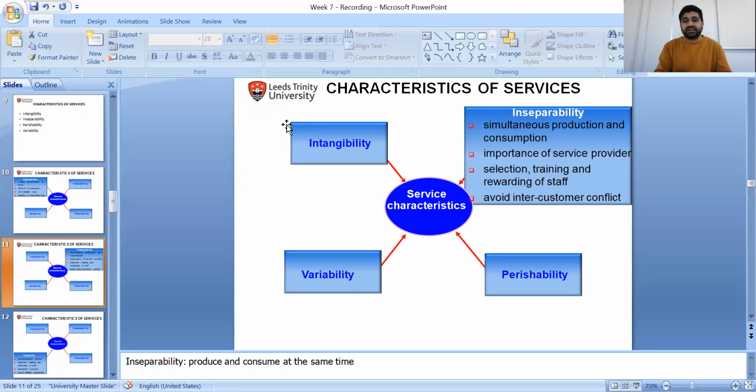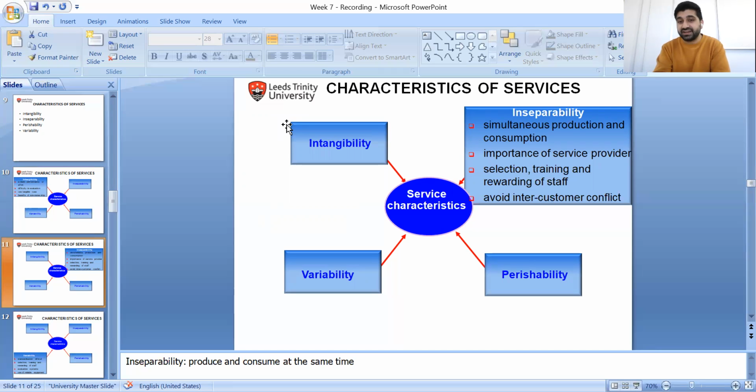For example, if we get a haircut, on the spot we get the service and we get the benefit at the same time. Importance of the service provider: here the service provider is more important. He must be trained. He must have experience to provide you the service.